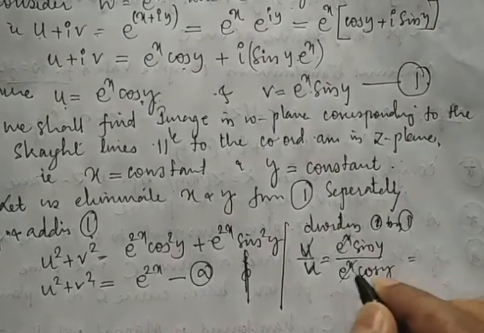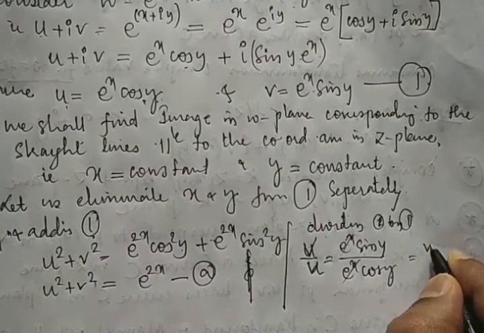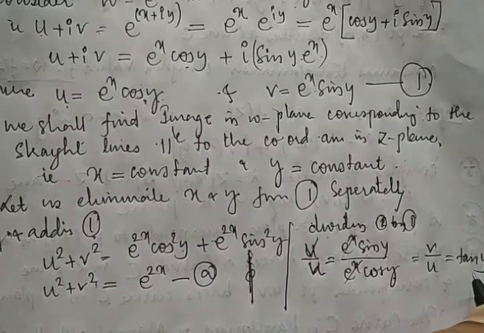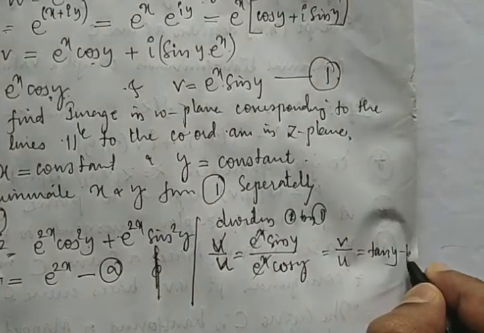Therefore e raised to x gets cancelled, sin by cos is tan. Therefore v by u is equal to tan y. I call it equation B.